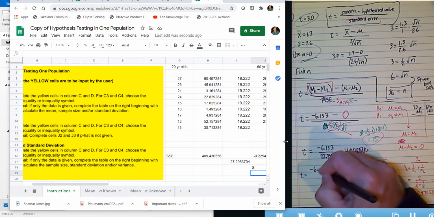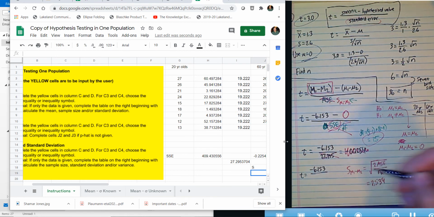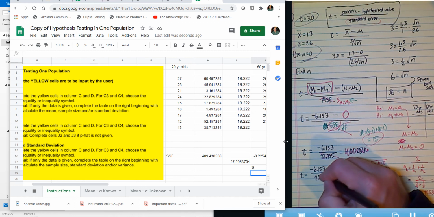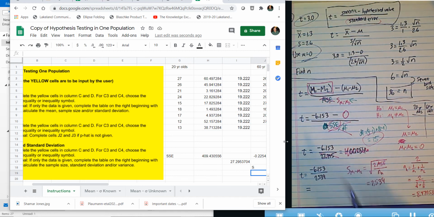Negative 6.153 divided by 2.539 equals, and let's see where we're at. 6.153 divided by 2.539. So actually, let me write that down here.